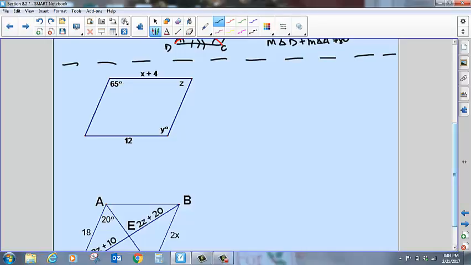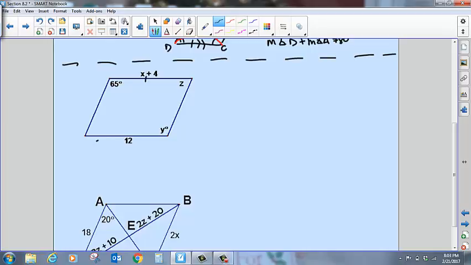Well, if we want to find the variables x, z, and y, you need to use those 6 properties from above. So what do we know about the x plus 4 and the 12? Okay, so x plus 4 and the 12, those are opposite sides.